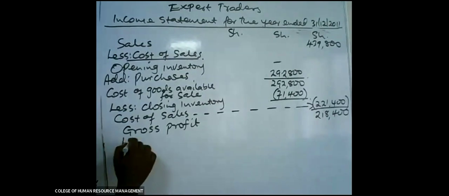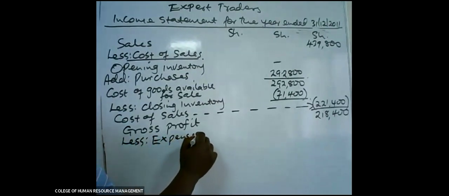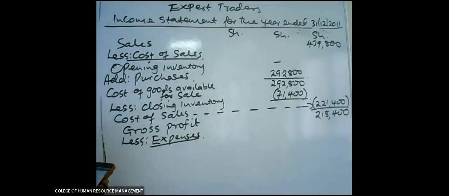So we shall come here and say less expenses. Let us start with those that are captured under the additional information. Bullet 2: on that 1st of December 2011, outstanding wages. So we need to do an adjustment on salaries and wages.